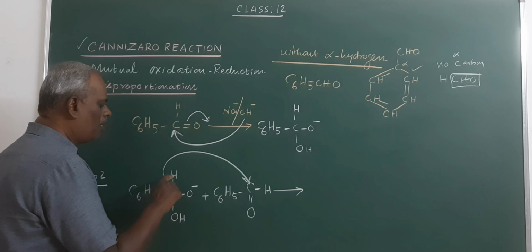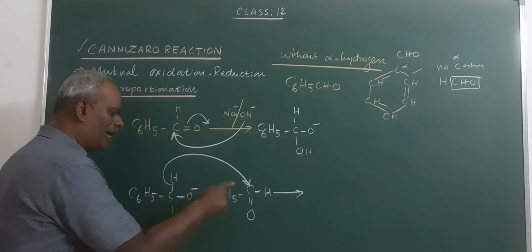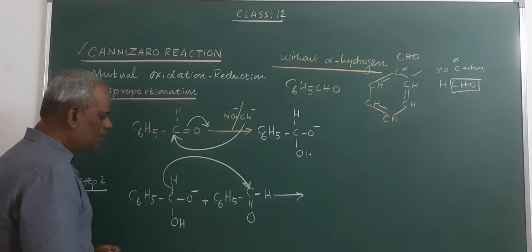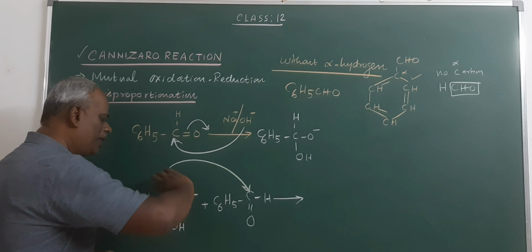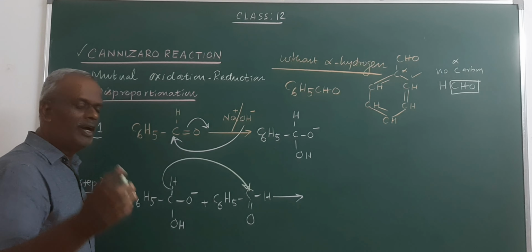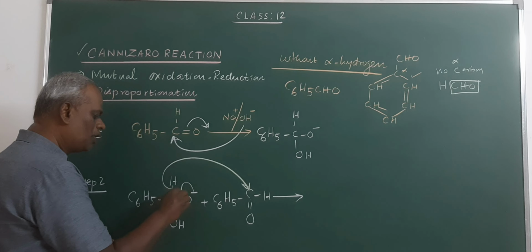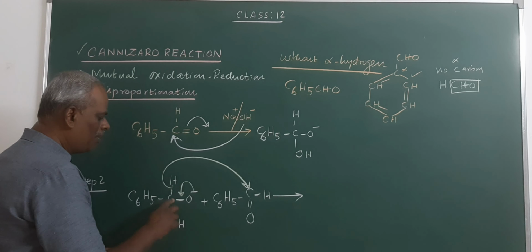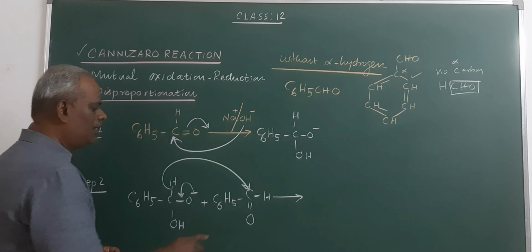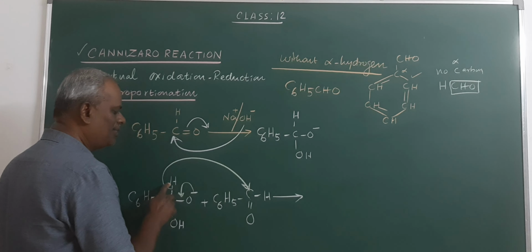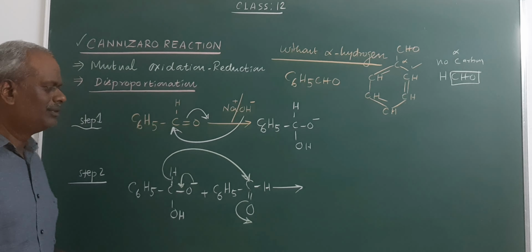Once a new bond is formed between the carbon and hydrogen, we know the valency of carbon is 4. Once you detach this hydrogen, there is a need of another bond, and hence this electron pair is moving towards the side. So there will be a double bond between carbon and oxygen. Likewise, when there is an initiation of a bond between carbon and hydrogen, this bond is opened and oxygen is carrying minus.